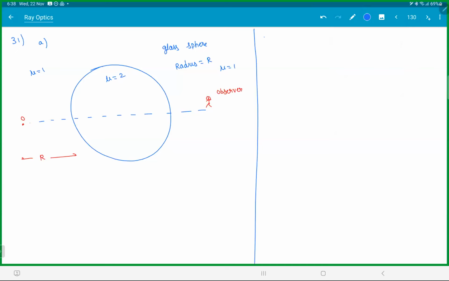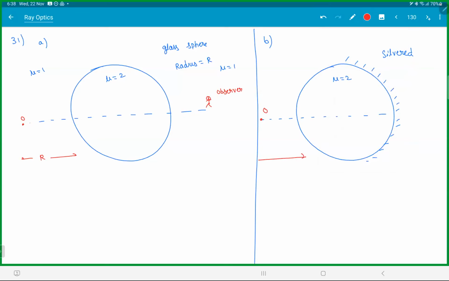That is one case. Second case, same scenario. Mu is equal to 2, but this time you silvered the sphere. Object is here at a distance of R. Find the position of the image.